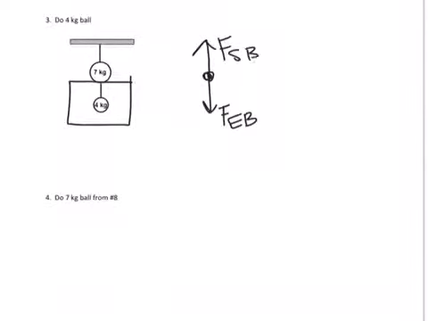And that's it. And now in number 4, it wants you to do the 7 kilogram ball. So just looking at the 7 kilogram ball, we have Earth pulling it down.